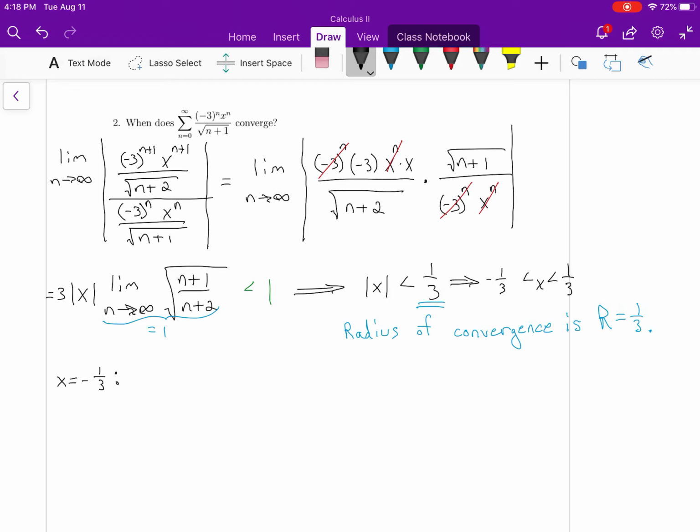And that means that the negative 3 to the n's cancel out, and we have a_n is 1 over the square root of n plus 1. So that's the sequence that we get when x equals negative 1/3. And so I want to investigate whether this converges or diverges, and I might use the integral test here.